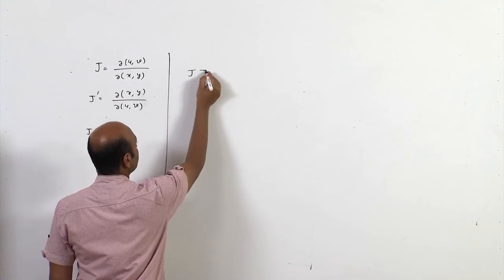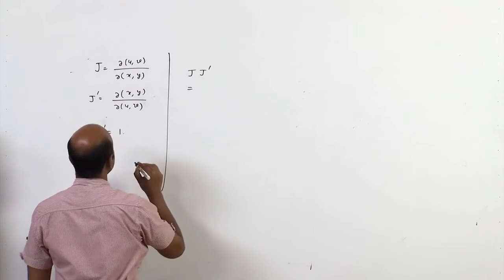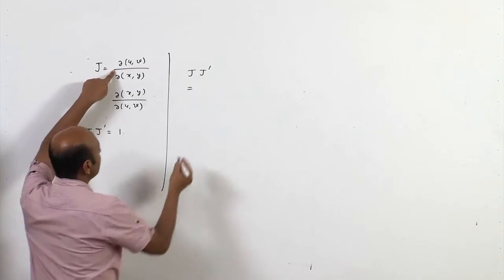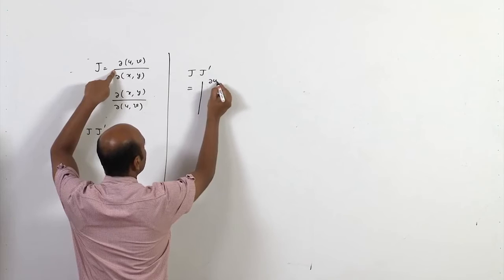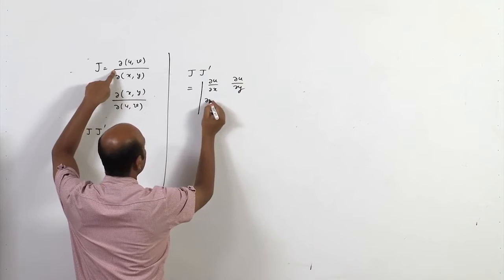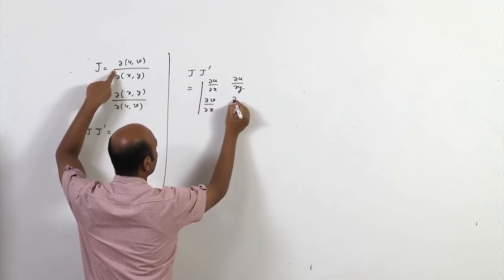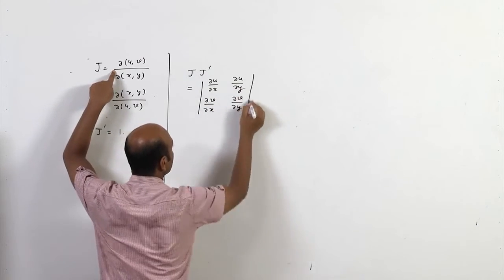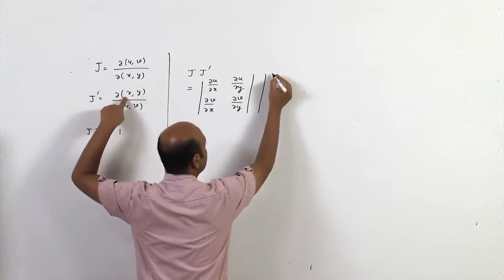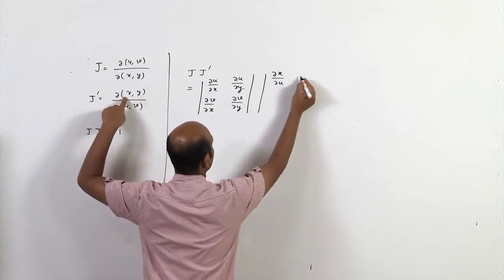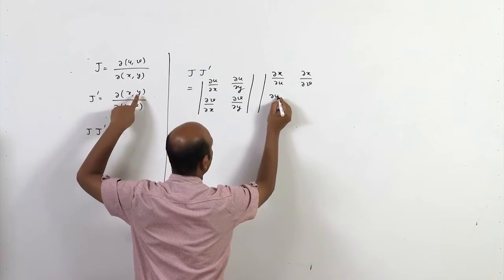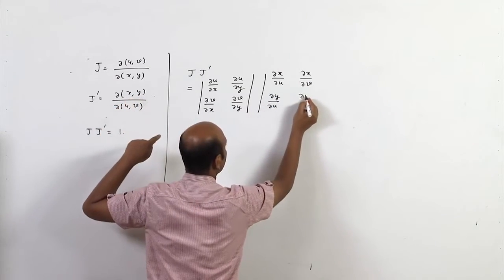So, what is J into J dash? J into J dash is this into this. Now, this is determinant of del u by del x, del u by del y, del v by del x, del v by del y, and this determinant J dash is this thing which is del x upon del u, del x upon del v, then del y upon del u, and then del y upon del v.